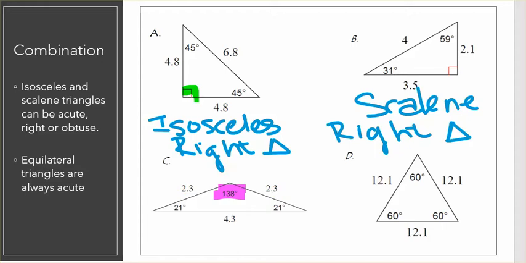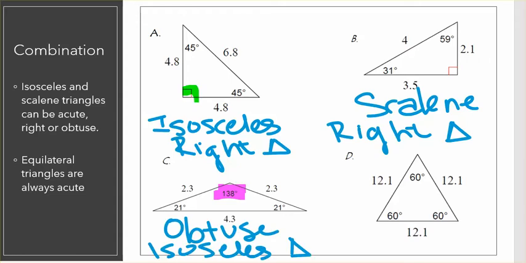The one angle that's important is to notice that there's one that's bigger than 90 degrees. So that makes it an obtuse triangle. So I have 2 equal sides, isosceles, and a large angle. C is an obtuse isosceles triangle.